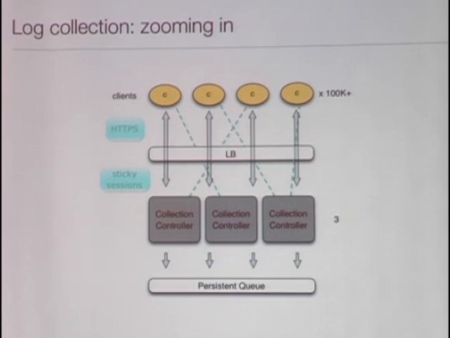Normally when they receive a new portion of collected logs, they apply a little bit of transformation, mostly attribute expansion, call a couple of services, and finally write it to a persistent queue.